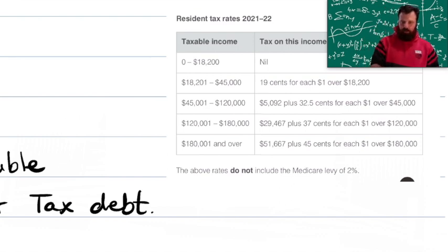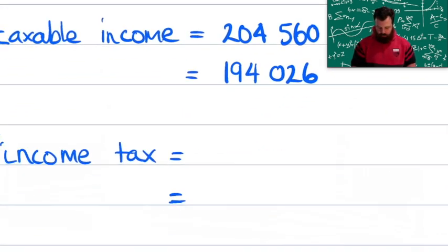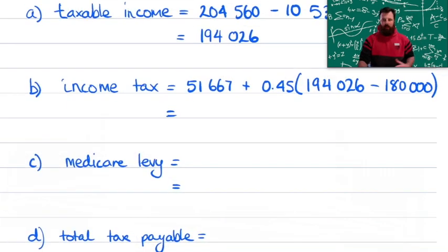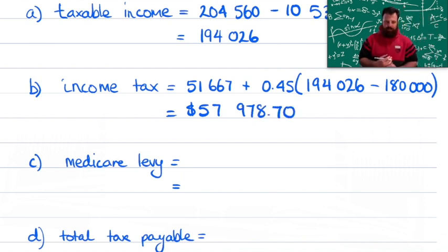So her income tax payable is $51,667 plus 45 cents for every dollar over $180,000. We're just going to substitute those values in. Once we put that into our calculator, we can see that her income tax is $57,978.70.